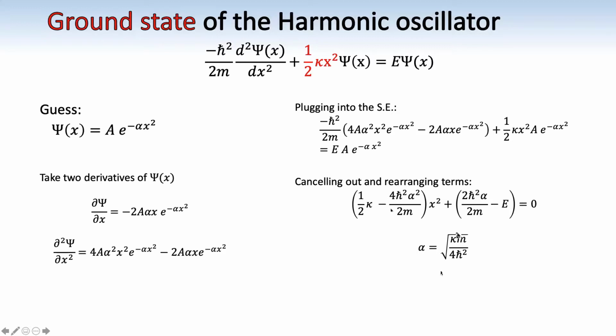All right, just solve this equation. And then also E is equal to h bar squared alpha over m, and you substitute alpha in here and you get this. And notice that square root of kappa over m is omega. So you get E equals 1/2 h bar omega. It turns out that this is the lowest energy that a harmonic oscillator can have.